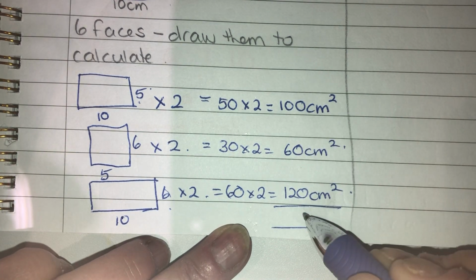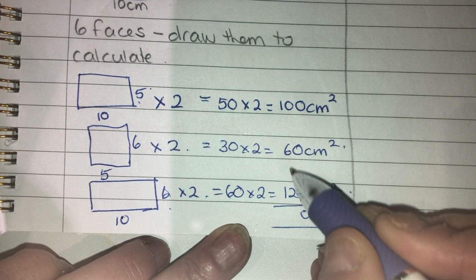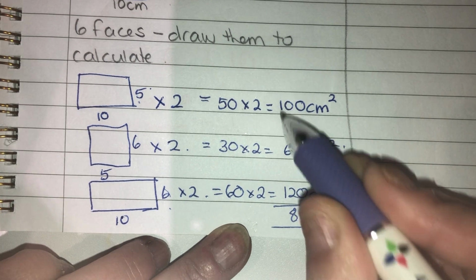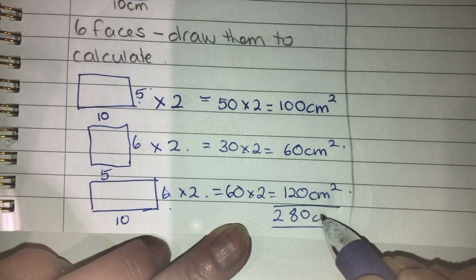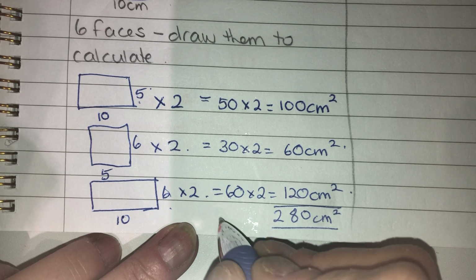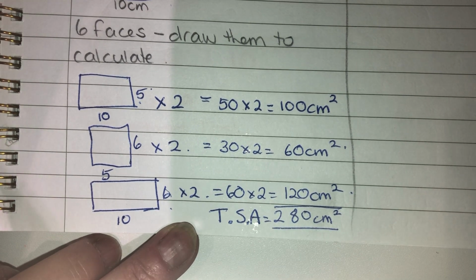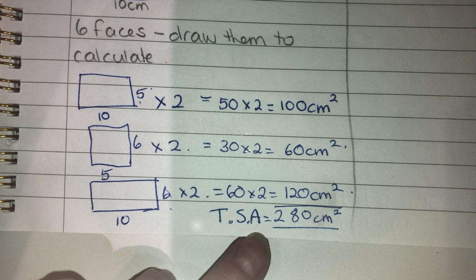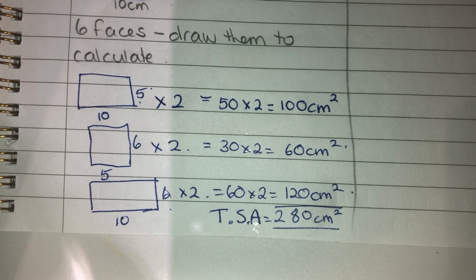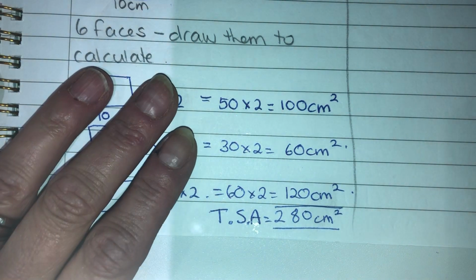So we go 0, 0, 0, 0. 6 plus 2 is 8. And 1 plus 1 is 2. So our answer, we're going to write TSA, and that stands for total surface area, equals 280 centimetres squared.